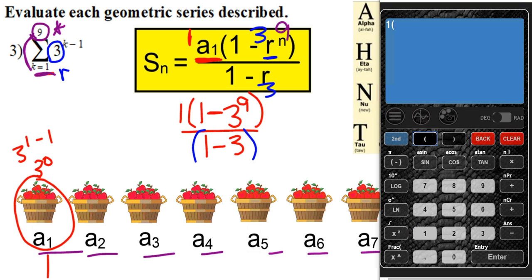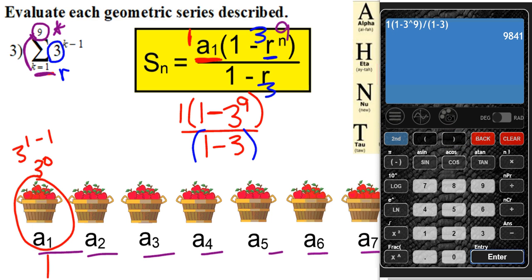We have 1 times the quantity, 1 minus 3 to the 9th power, close them, divided by, I'm going to open up parentheses for the bottom and put 1 minus 3. Now, as an alternative to putting parentheses there, you could just say 1 minus 3 is negative 2 and just divide by negative 2 if you want, but I'm just going to do it like this and not have to do any kind of calculations at all.